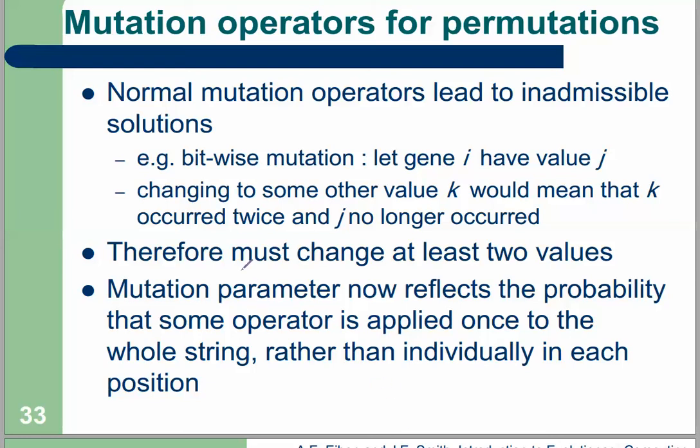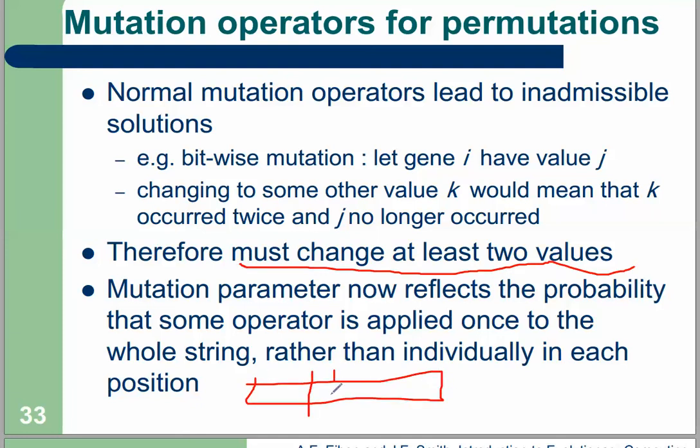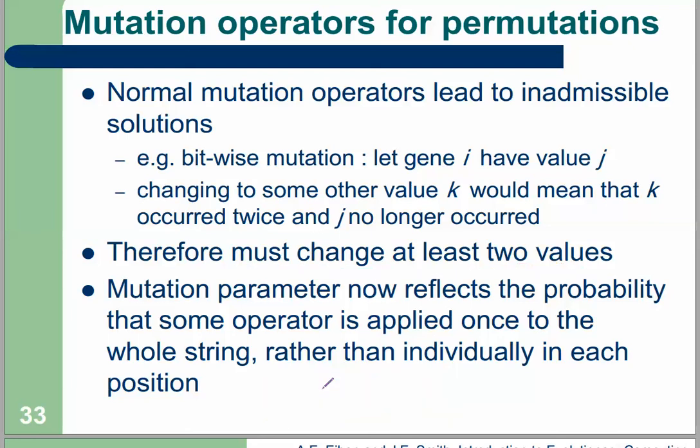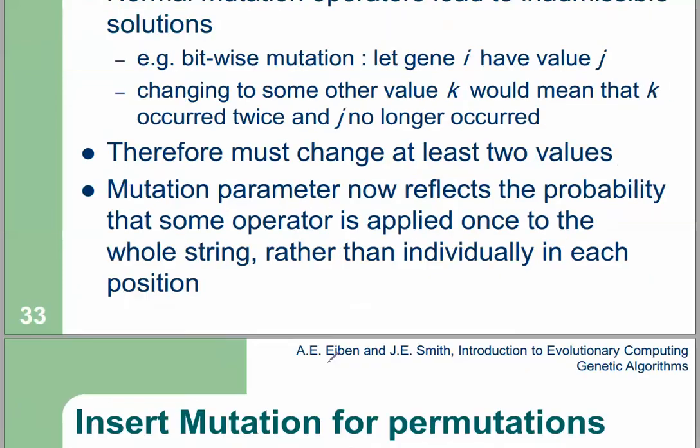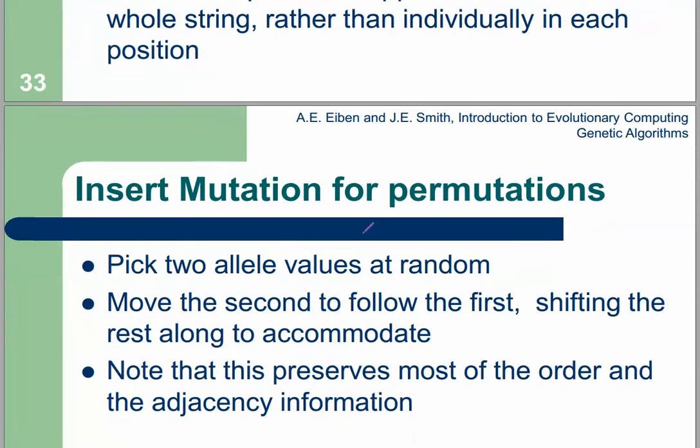So we need to change at least 2 values, because if we change only one value, it may produce an illegal value, because each value must exist exactly once, not more, not less. So we should change the location of 2 bits.